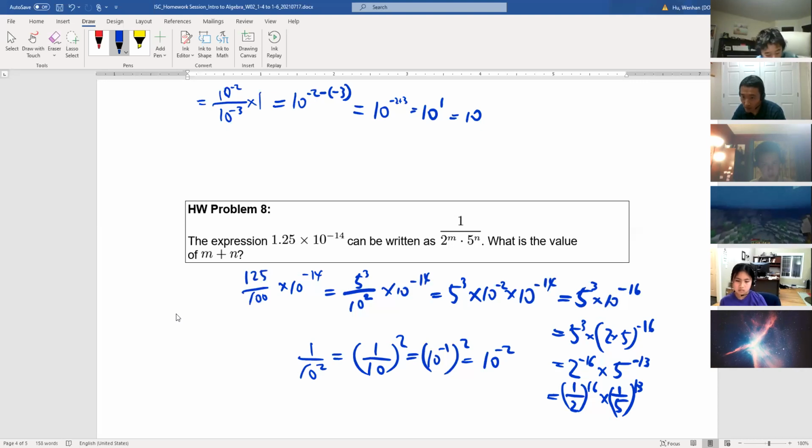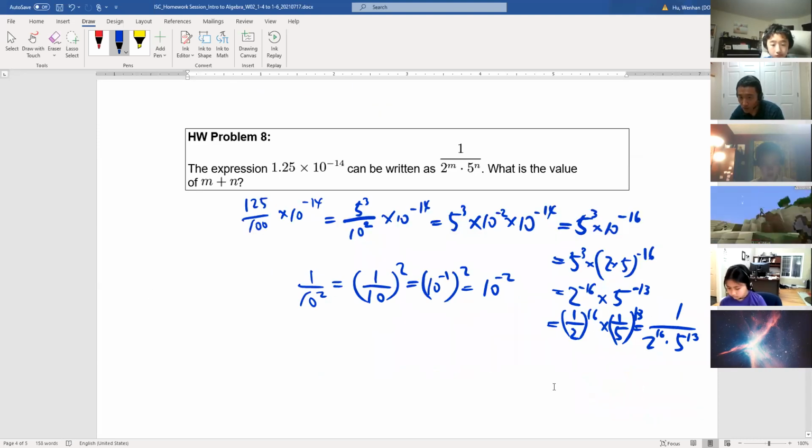Base, you need to become your reciprocal. So it becomes 2 to the 16th times 5 to the 13th, and whole thing reciprocal.